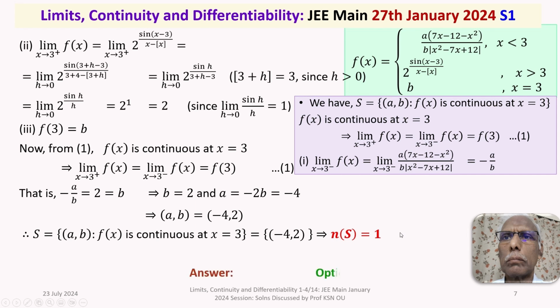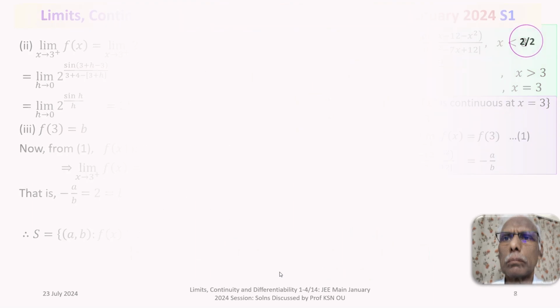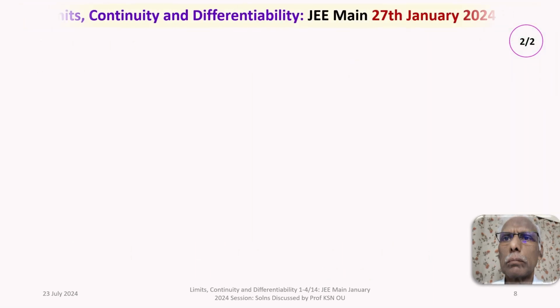So the answer to this question is option 2. If you see the options, we have the answer n of S is equal to 1 appears against option 2. Therefore, the answer to this question is option 2. Right.